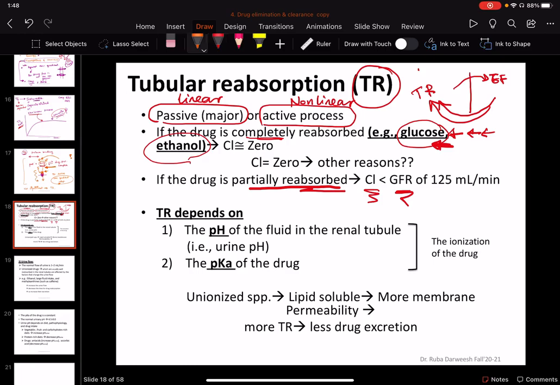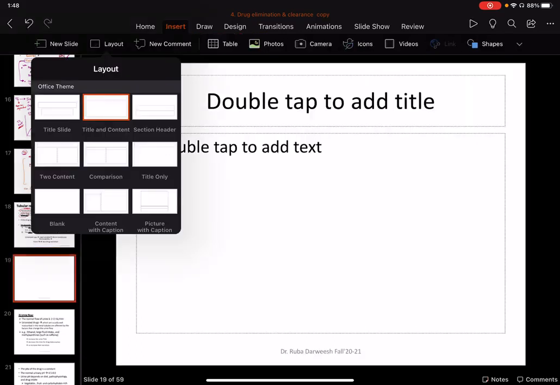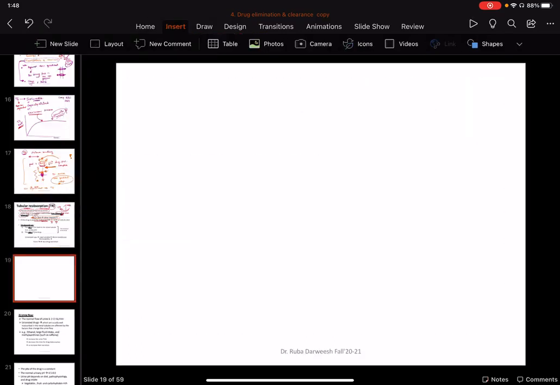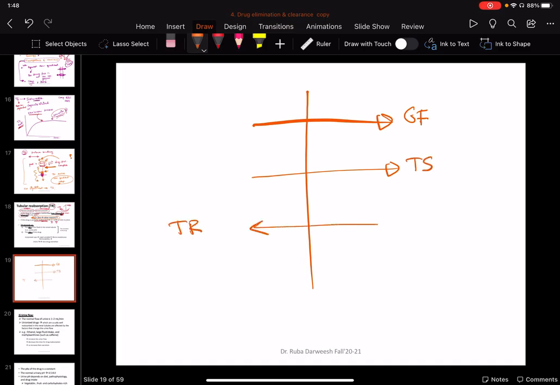Do we have other examples of when the clearance would be equal to zero in general? If we have this as a membrane, we have glomerular filtration, tubular secretion, tubular reabsorption, and the urine formed after we go through all of these processes.